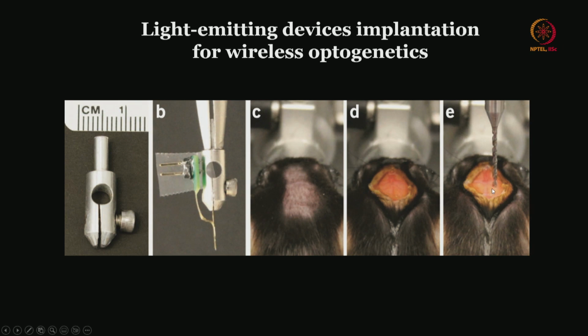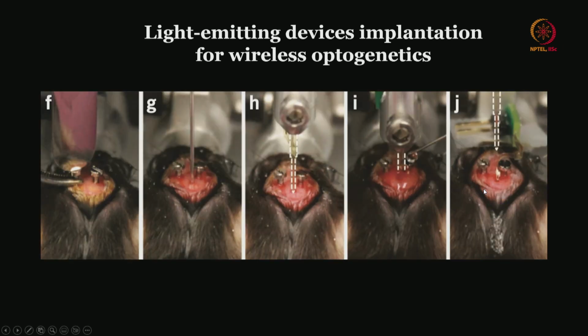So again, the basic principle of making a burr hole and then breaching the dura. Once the burr holes are made, the first thing, as I said, is to implant the screws to aid rigid fixation.